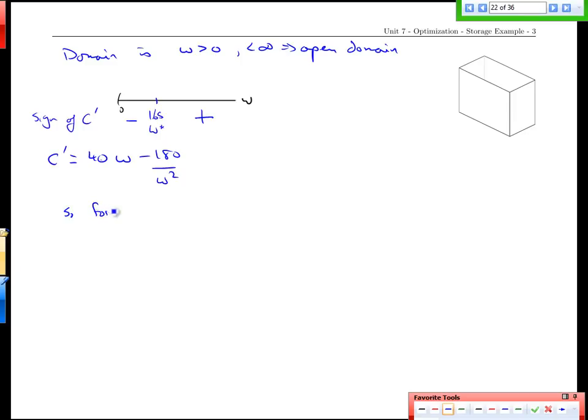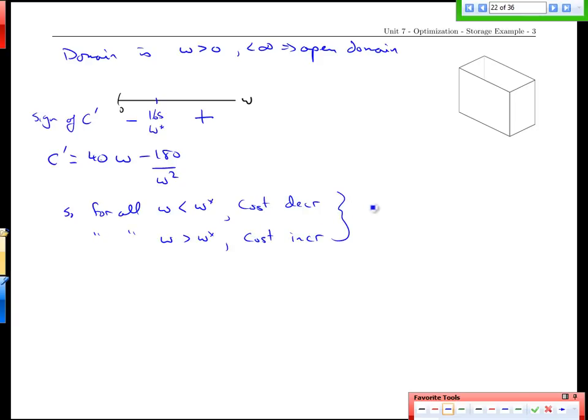So for all W less than that W star, the cost is decreasing. So in other words, when W is smaller, if I make it just a little bit bigger, I'll make the cost go down. So I keep getting the cost decreasing. And for all W's larger than that breakpoint, the cost increases.